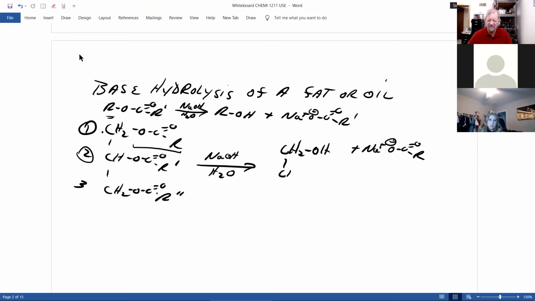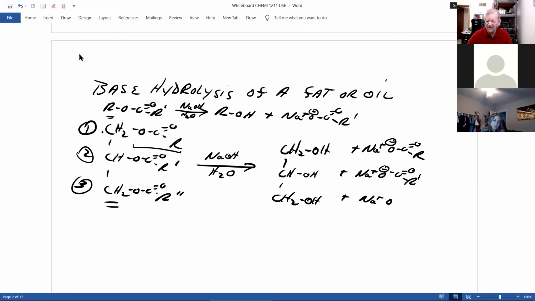And this will give you this alcohol plus this carboxylate anion of this carboxylic acid used to make that ester. And finally, ester number 3 will give you this alcohol plus this carboxylate anion. And again, you make glycerin.